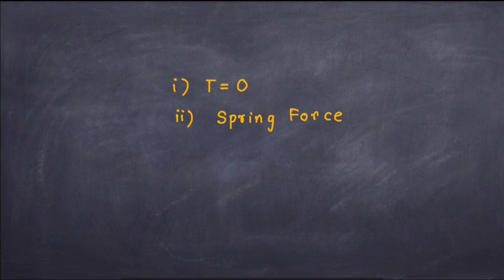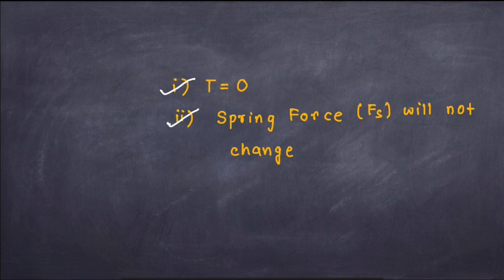So two things will happen: first, the tension provided by the string becomes zero, and second, the spring force Fs will not change. So immediately after cutting the string in a spring string system, the tension will become zero and the spring force Fs will not change. These are the two conditions you need to keep in mind.